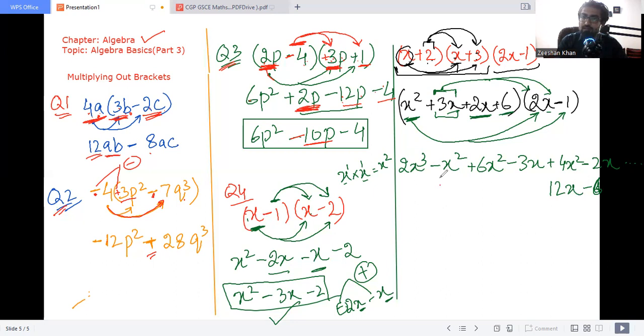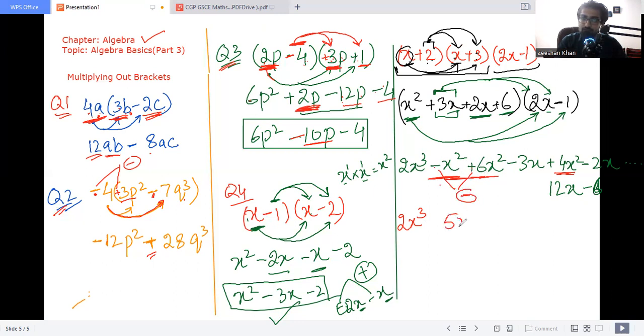If you see this one and this one, these are common terms. I will write 2x cubed in its own place. First, we will add these two. I have explained the same rule: plus and minus is minus, so we subtract them because this is the addition rule.